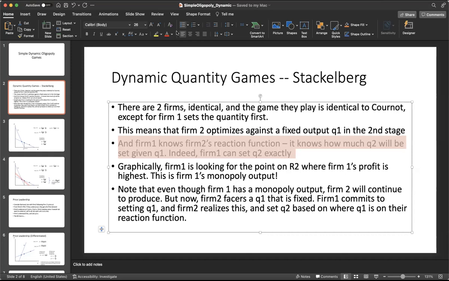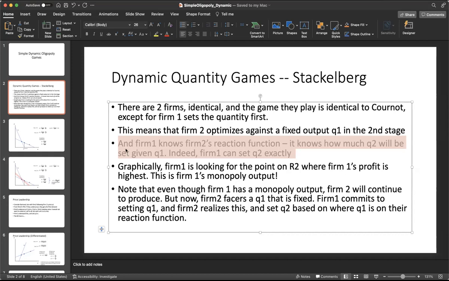It's knowledge that if I produce Q1, it will create this amount of residual demand, which will create this amount of Q2, which will create this total output of Q1 plus Q2 and the market price of P. Having said that, a lot of this is in firm 1's driver's seat, because firm 1 determines total output given the constraint that firm 2's reaction function is based on the residual demand, as we just discussed.